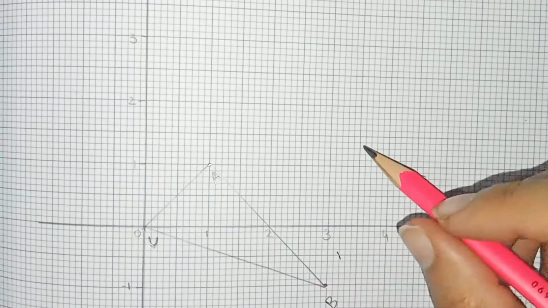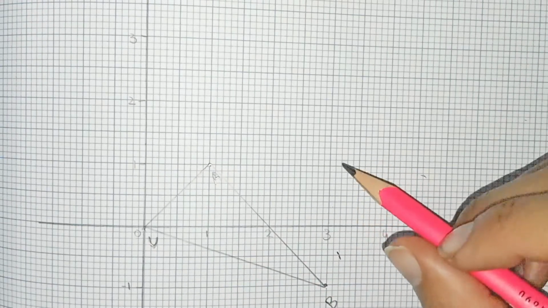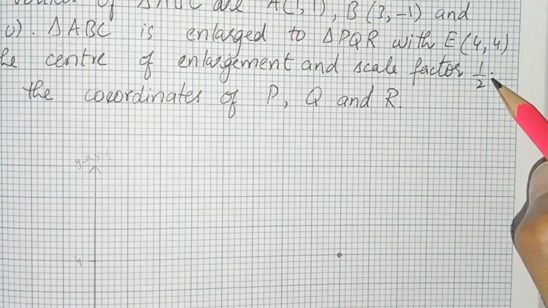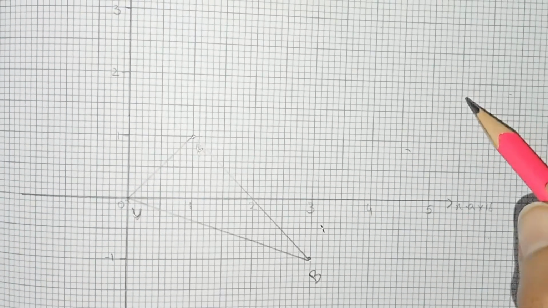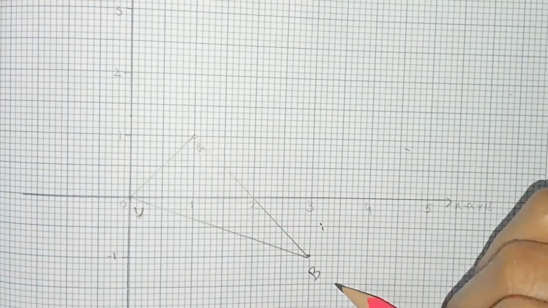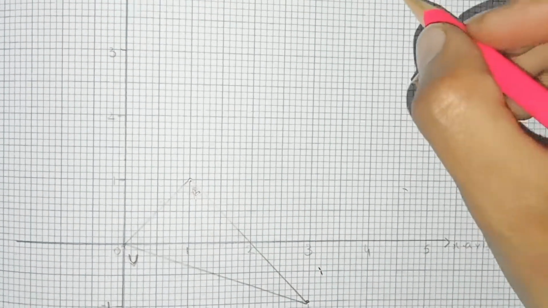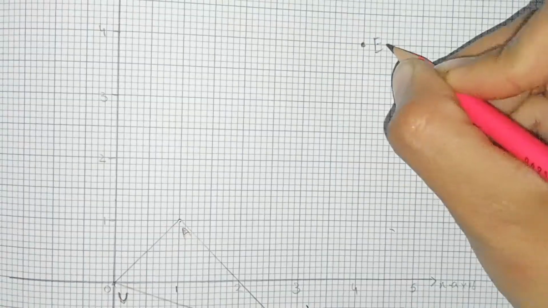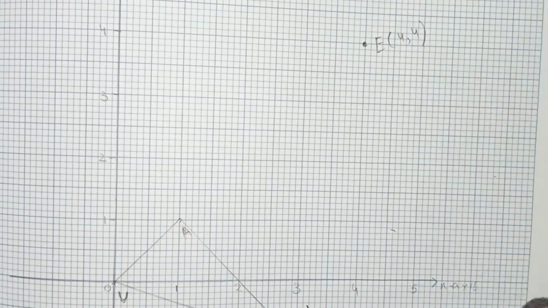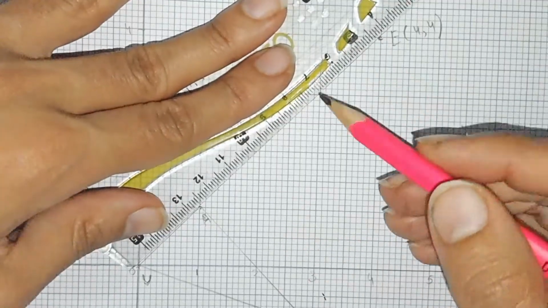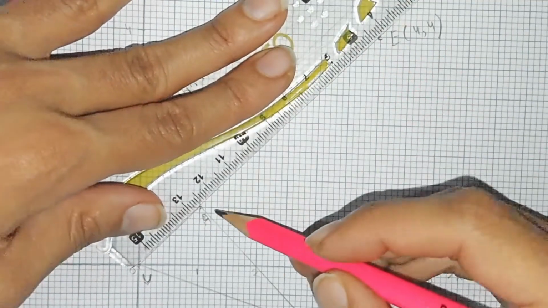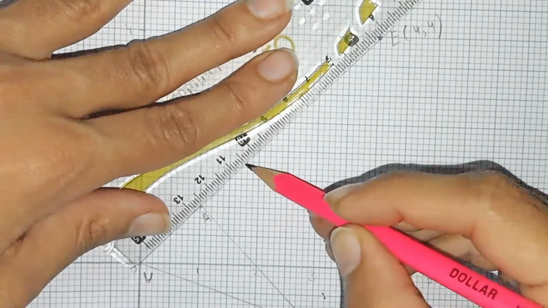We have to enlarge this figure with the scale factor half, and then we have to find the coordinates of P, Q, and R. This is the triangle ABC, and this is the center of enlargement E, (4, 4). Now students, first we have to draw the lines from the center of enlargement.